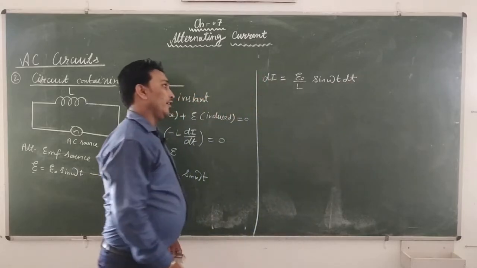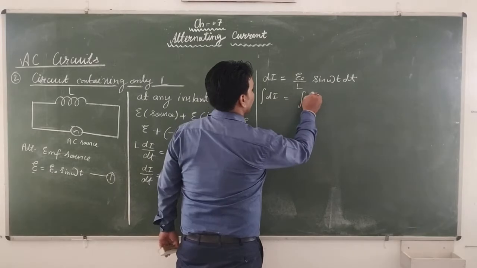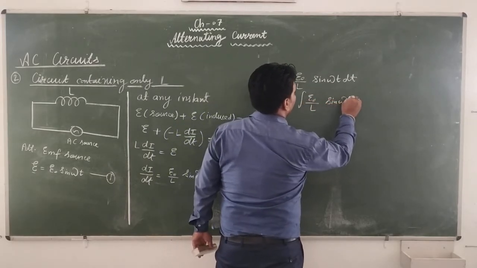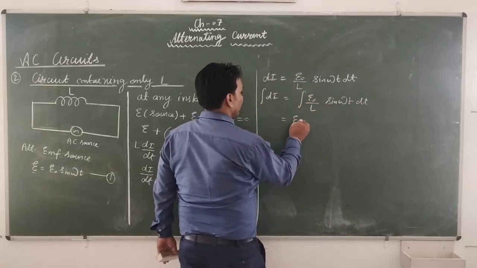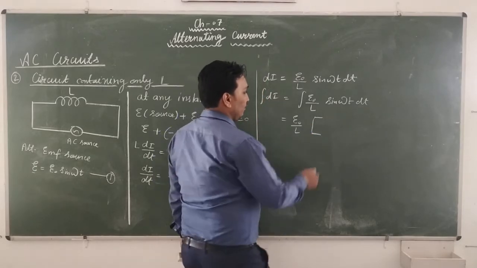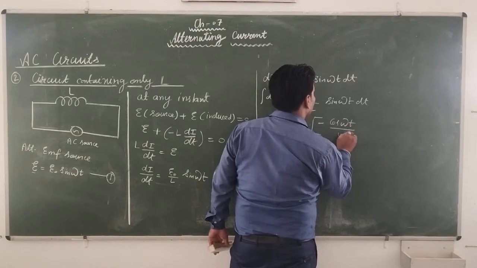Now let us integrate it. If we integrate it, then the integral of di is equal to the integration of E naught upon L sin omega t dt. E naught upon L is constant, so it is out of the integration sign. When sin omega t is integrated, what do we get? We get minus cos omega t upon omega.